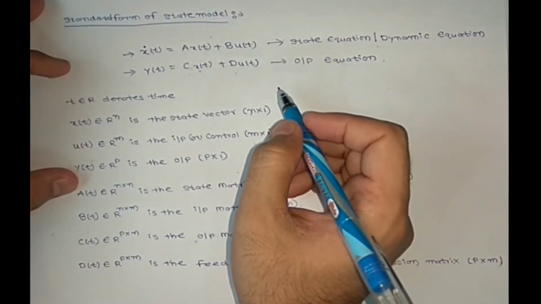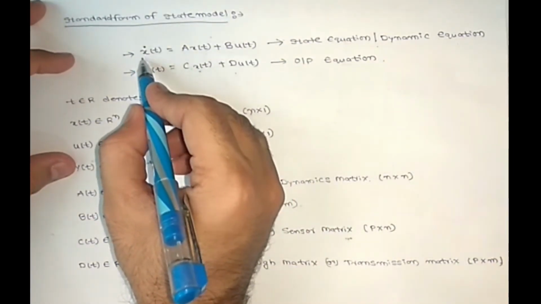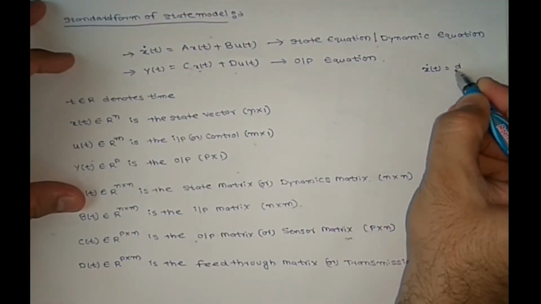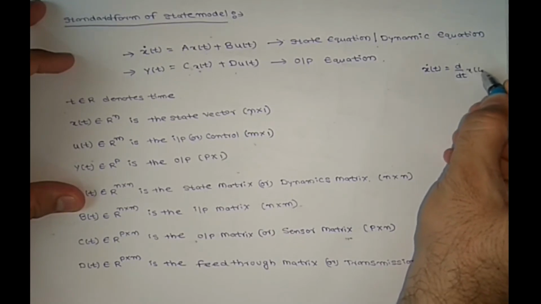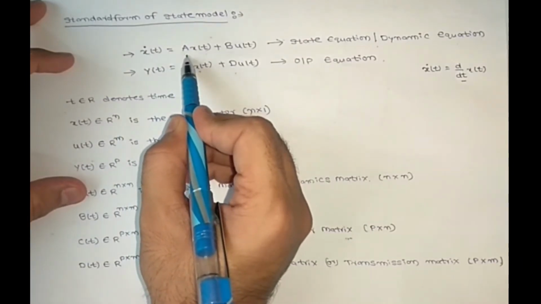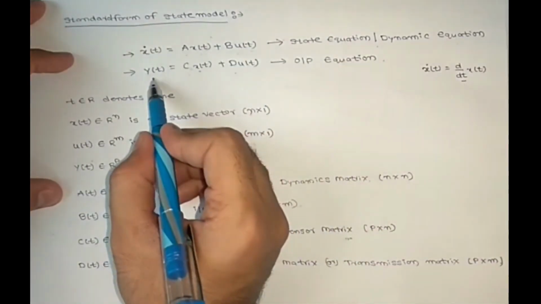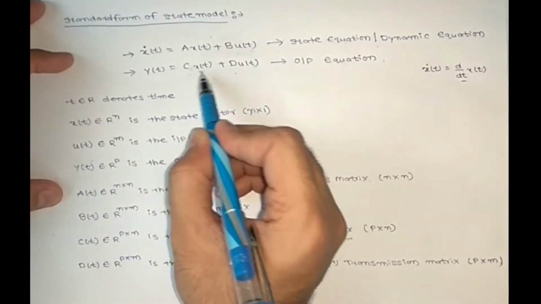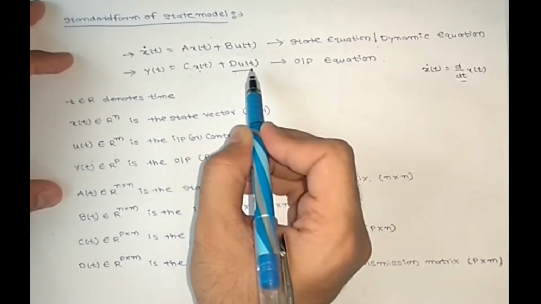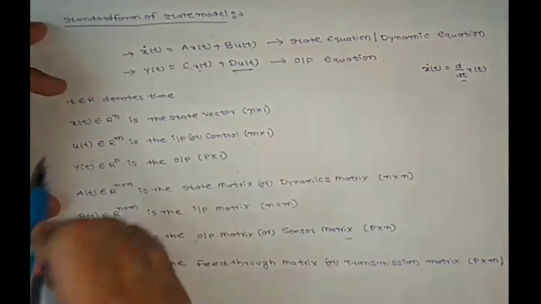Here x dot of t means differentiation of x of t with respect to time. So x dot of t equals A x of t plus B u of t, and the output equation is y of t equals C x of t plus D u of t. This D term we will not use in most problems. Let us see what the terms A, B, C, D are.